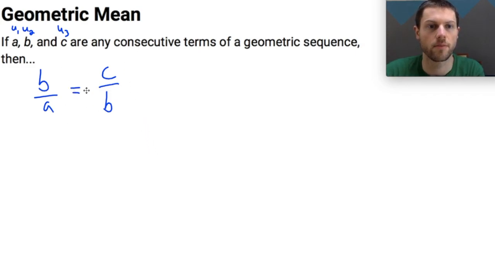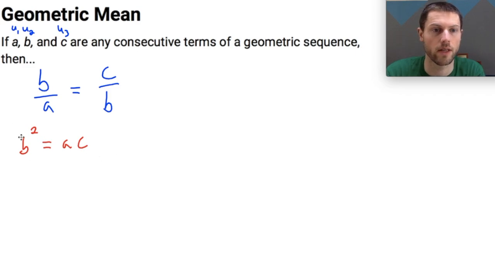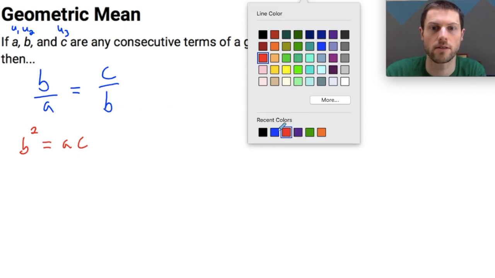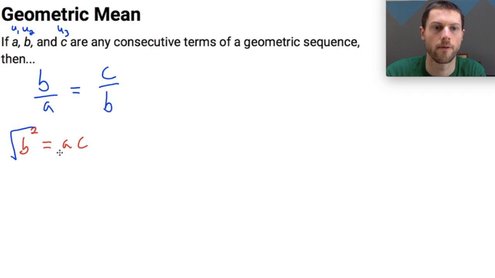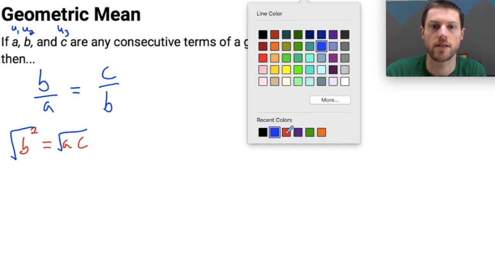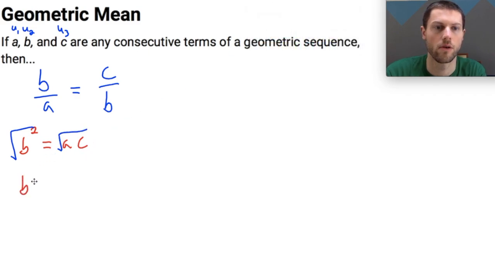So if I set up this equation, I can rearrange it a little bit. I can cross multiply, and I would get that b squared equals a times c. If I wanted to solve for b, I would take the square root of both sides, and then I could say that b is equal to the square root of ac.